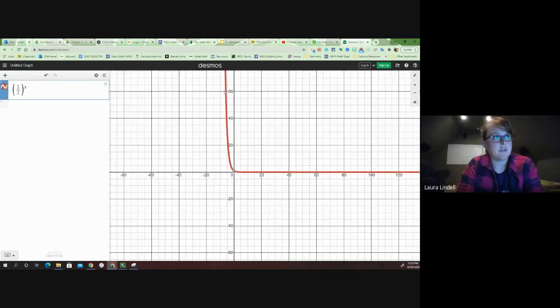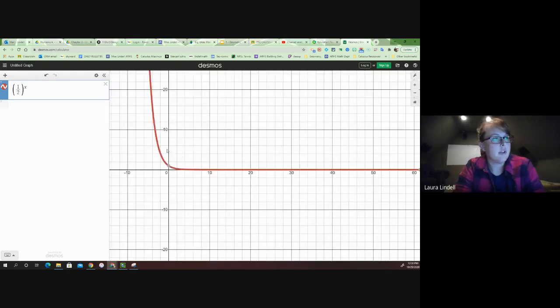Although it might look like there's a vertical asymptote, there's not. It does continue. You could plug in any value for x, and it still works out in the function just fine. But it also never gets to 0. So it does have a horizontal asymptote, but it doesn't have a vertical one.